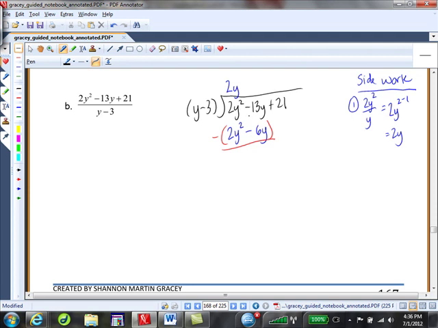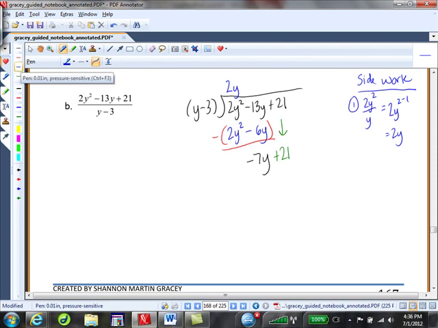Now be careful. We have negative 13y minus a minus 6, so that's going to turn into a positive 6. So we'll end up with a negative 7y. That's our remainder. We need to bring down the next term, which is plus 21. And then we do it all over again.